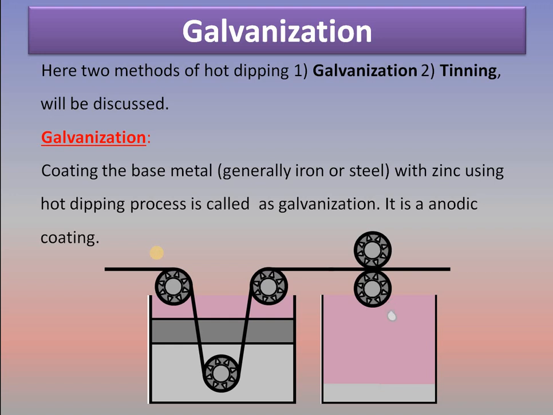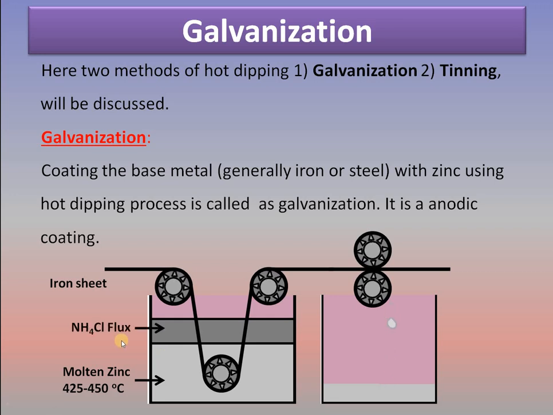In galvanization, there is an iron sheet which is the base metal. Then there is a bath of molten zinc maintained at 425 to 450 degrees Celsius, which is covered by ammonium chloride flux.